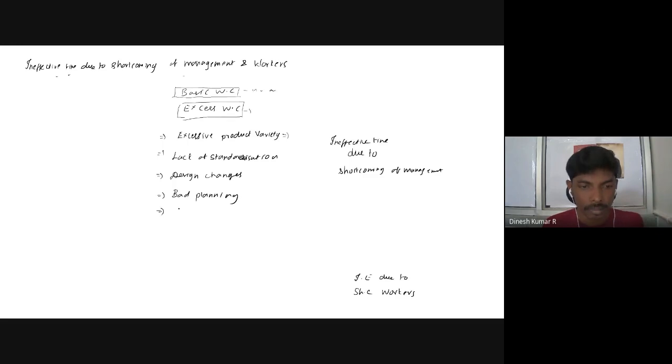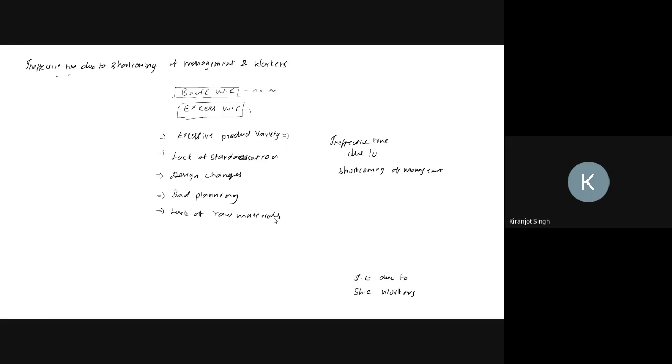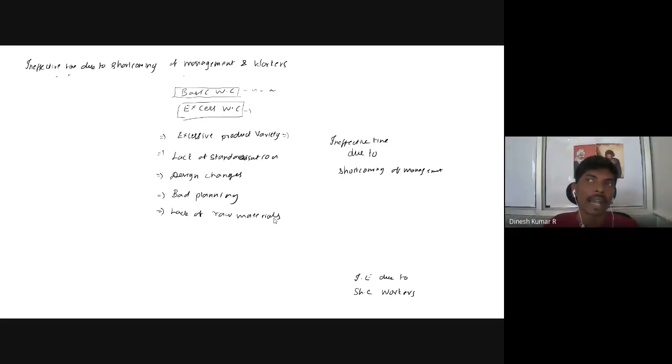Then comes lack of raw materials. Any input on this lack of raw materials? Doesn't that already come under bad planning? No, the bad planning is only assigning of your machine and labor.